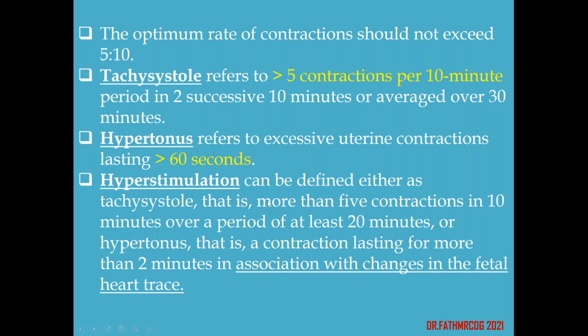Tachysystole is a change only in the contraction rate, and hypertonus is a change only in the duration. But if either of these is associated with a change in the fetal heart rate trace, this is called hyperstimulation. This is the difference between tachysystole, hypertonus, and hyperstimulation. Is it clear?